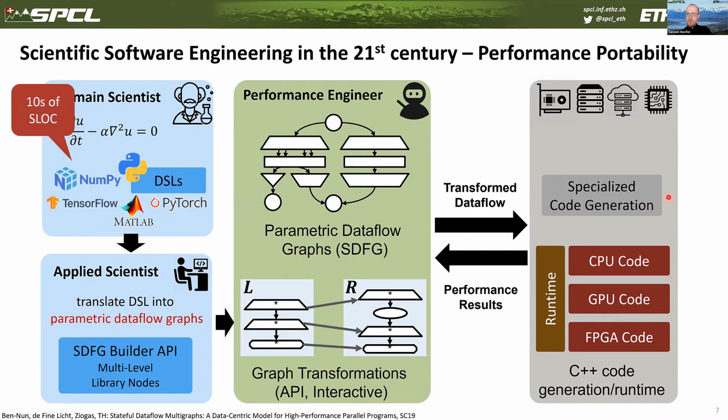So one fundamental aspect of this is that the domain scientist lives in happy land, a land that is very easy to program in. So typically tens of lines of code in Python or some high-level language. The performance engineer then is in a more complex environment where we have hundreds of lines of code, and this is usually, hopefully, reusable. That's our goal.